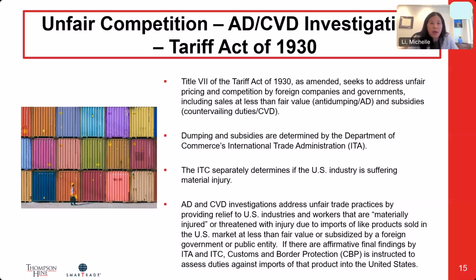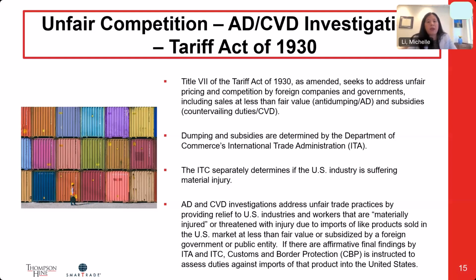But when we talk about market distortion or illegal trade practices, such as dumping at less than fair value, their cost of production, or selling imports into the United States at an unreasonably cheap price because of subsidies, those market distortions basically eliminate market competition at the expense of U.S. workers and industries. And that's what the Tariff Act of 1930, Title VII, is trying to address.